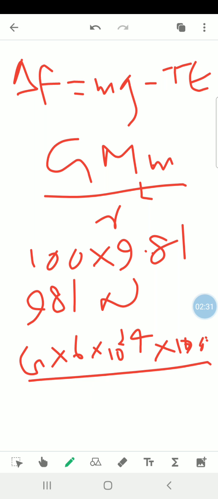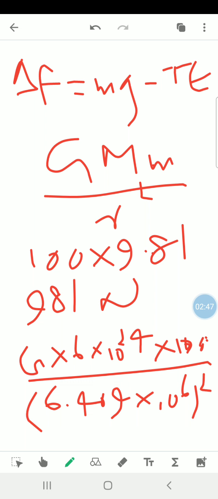Then that divided by r, which is not 6.4 but 6.409 times 10 to the power 6, and that has to be squared.